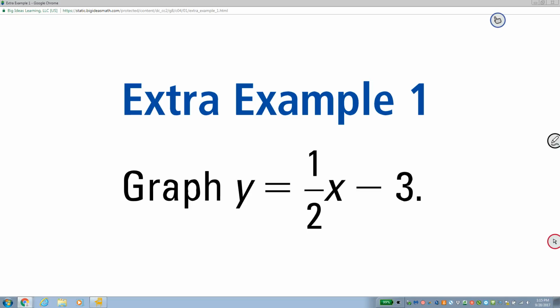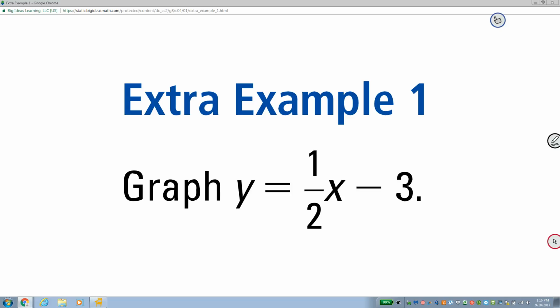So let's first start out with what we have for the example. So if I'm at -1, all right, so now we have to put in a table. So we have our x first and then our y.